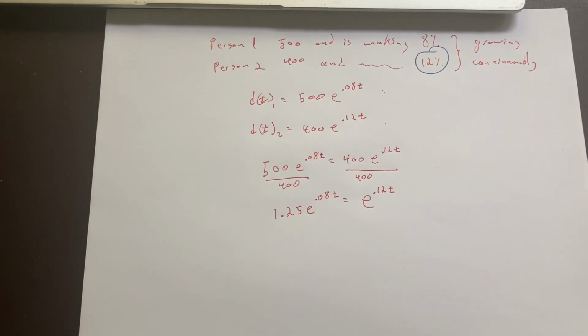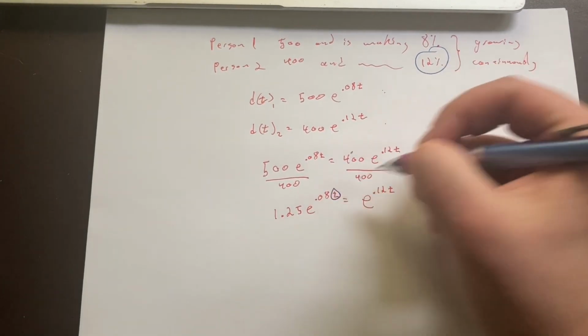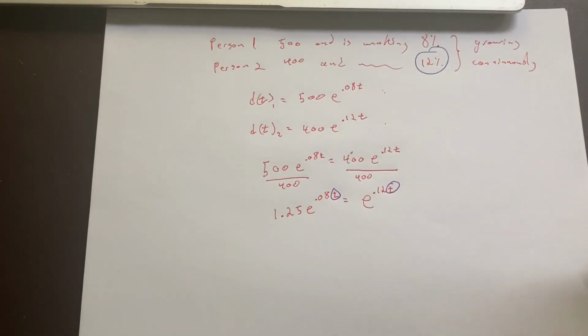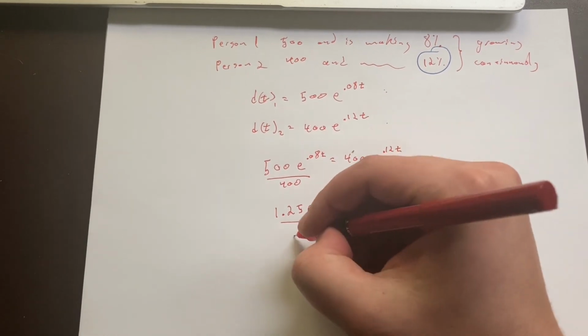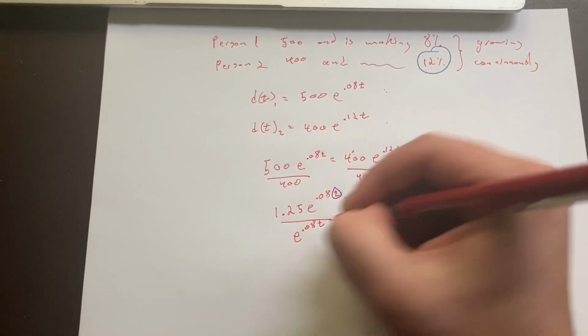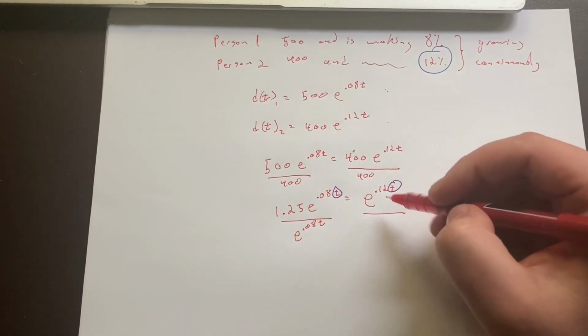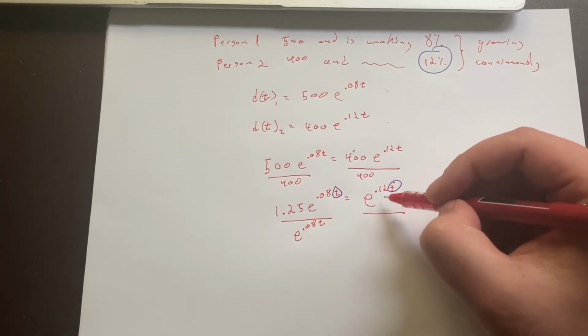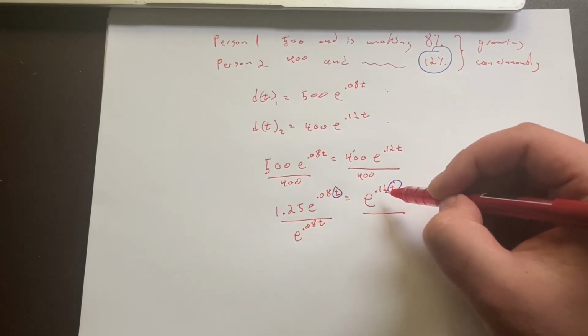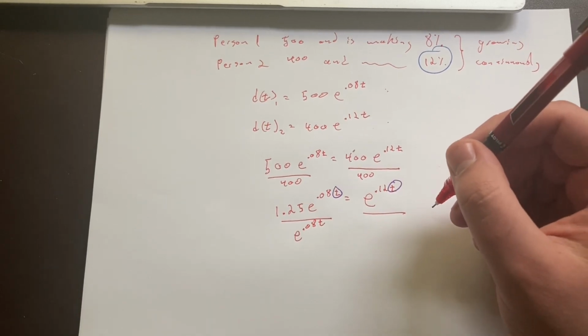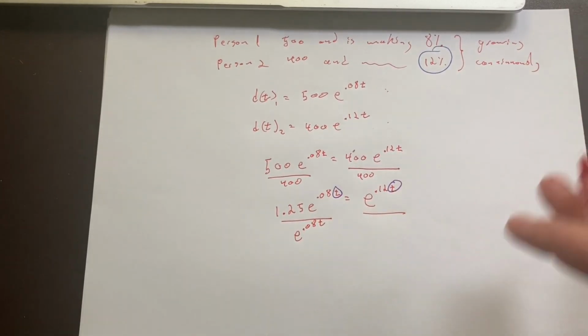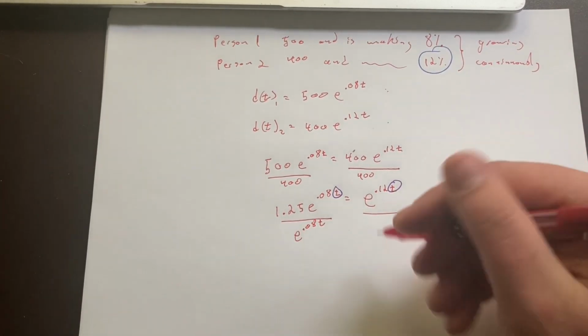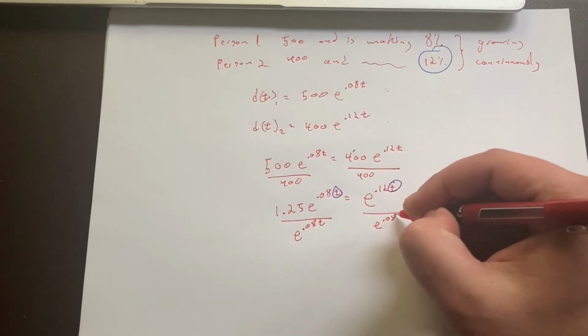So that's the same line of thought that we're going to do right now. We're going to move all of our t's, this t and this t, onto one side. So now I'm going to divide by the e to the 0.08 t. I would not want to divide by e to the 0.12 t. Then I wouldn't have anything on the right. I'll show what kind of disaster that would look like in a second.